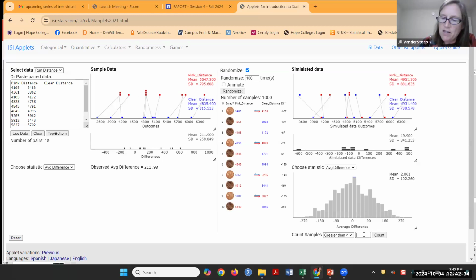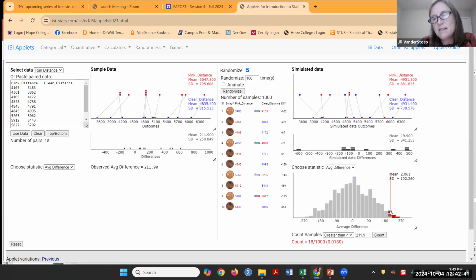And we can have the applet do the work to tell us how unlikely it is to happen by counting the number of simulated statistics that are equal to that observed statistic that we found from our actual study, 211.9 meters, or more extreme. I'm already on the upper end of the tail, so more extreme would be a mean of the difference scores even bigger than 211. But remember, we had a two-sided alternative. I just wanted to know if there was a difference.